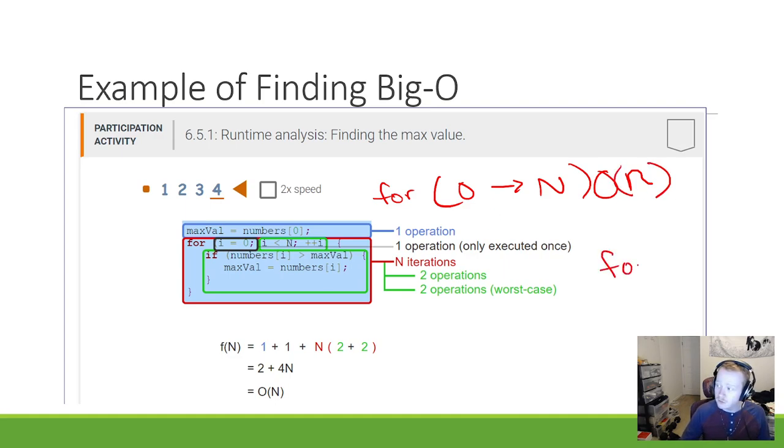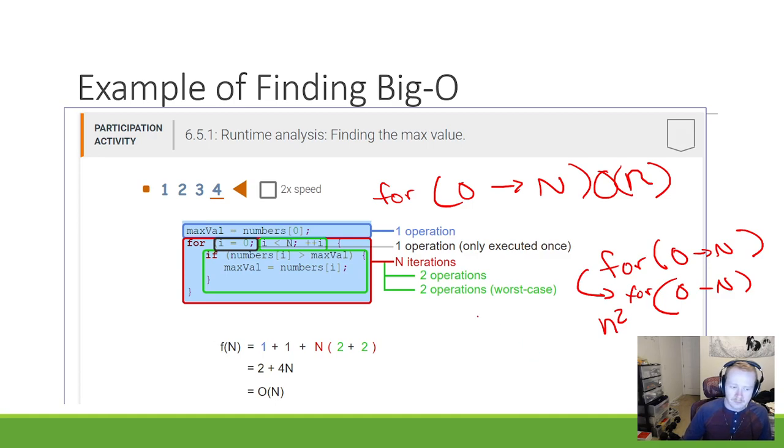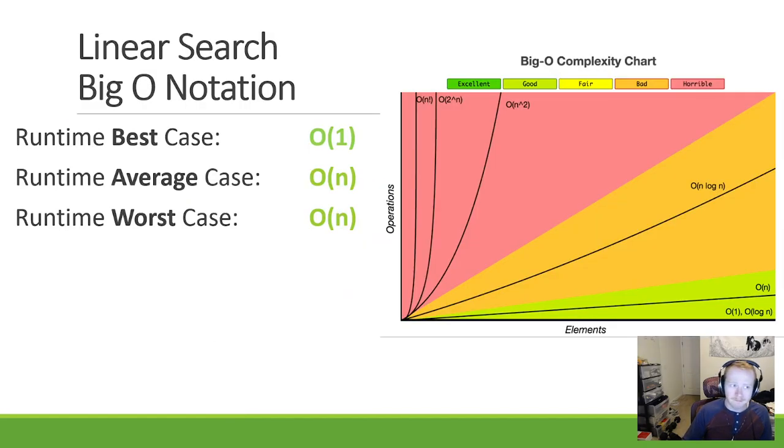If we had nested for loops, went from 0 to n, and then 0 to n again, it would be n squared time. So realistically, it just depends on how many loops you're doing over your data. Because if we look down here at the solution, we have 1 operation, we will do this for loop once, and then we do all of this inside stuff some amount of time. So we get big O of n from that.